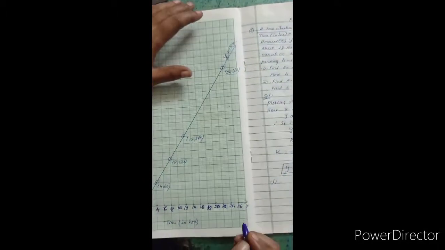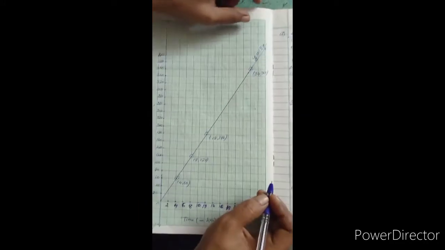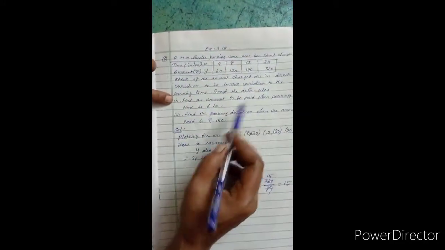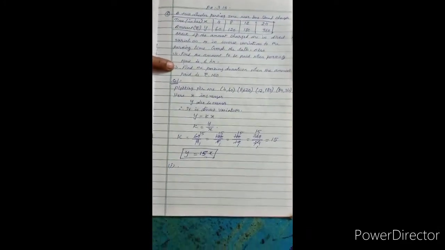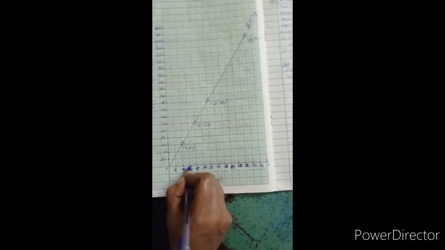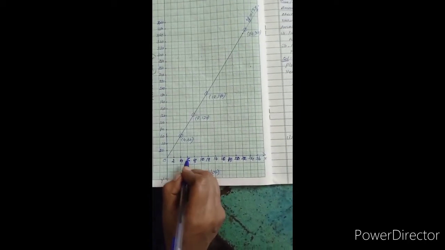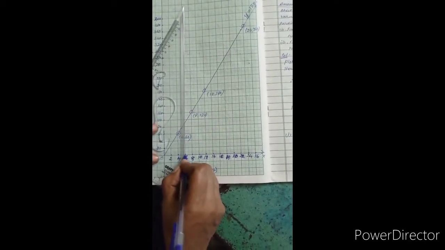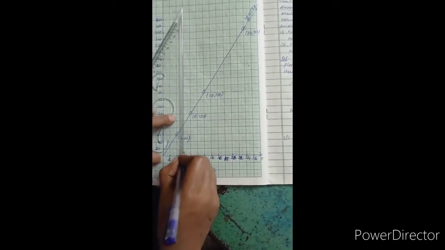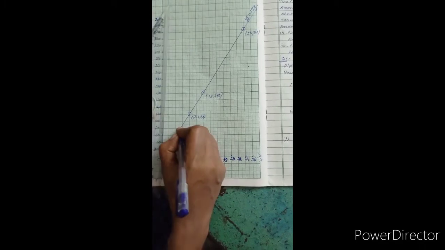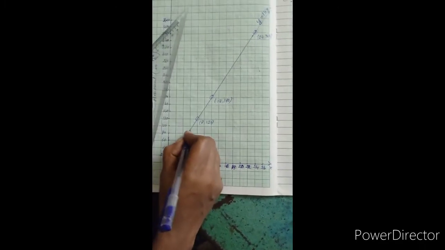Now the required questions are: find the amount to be paid when parking time is 6 hours. Time is given along the x-axis. Here 6 hours. So draw a vertical line from the x-axis like this. This line touches the given straight line here.